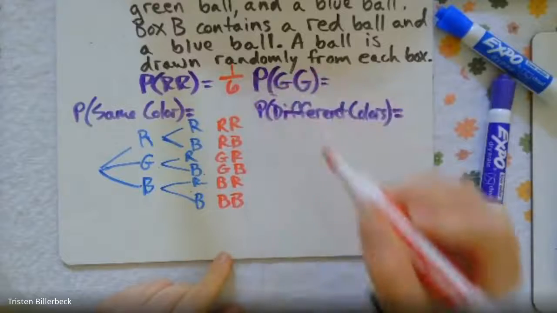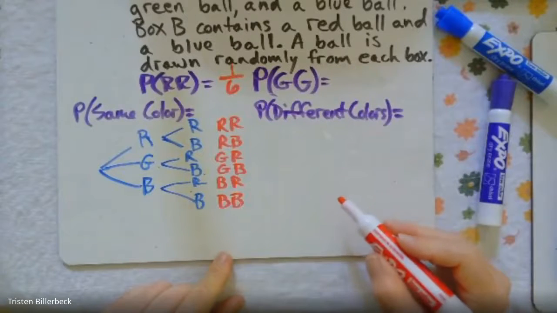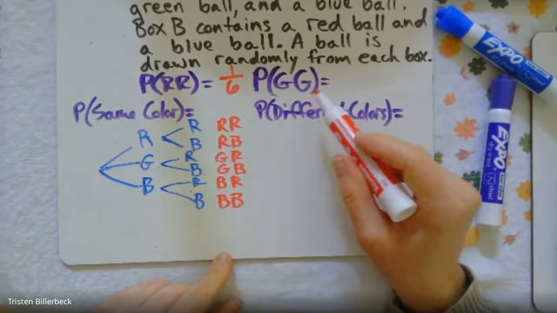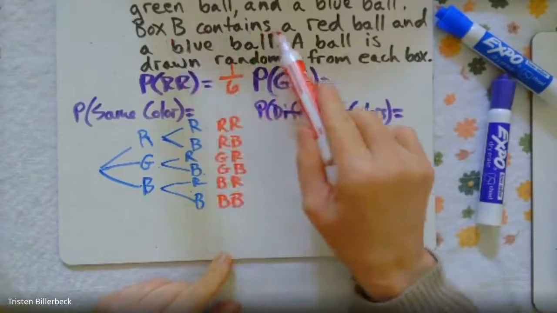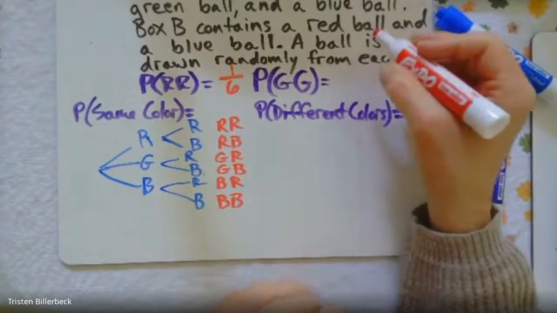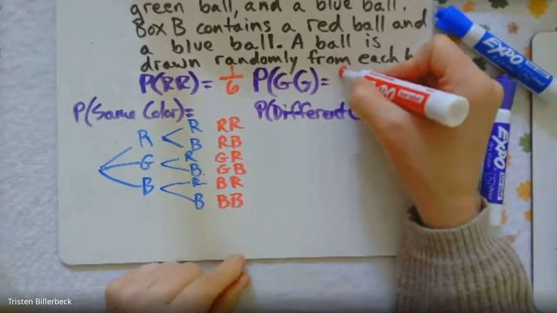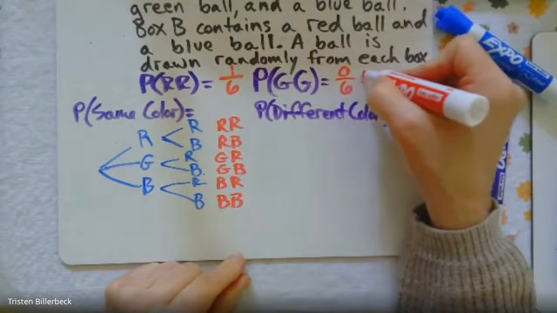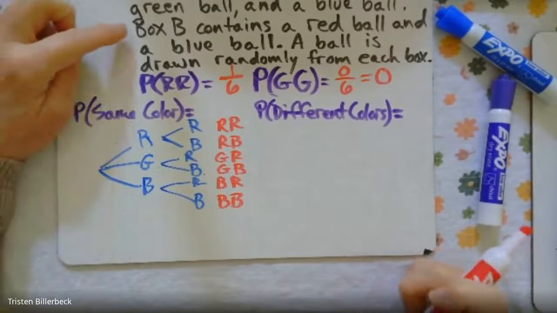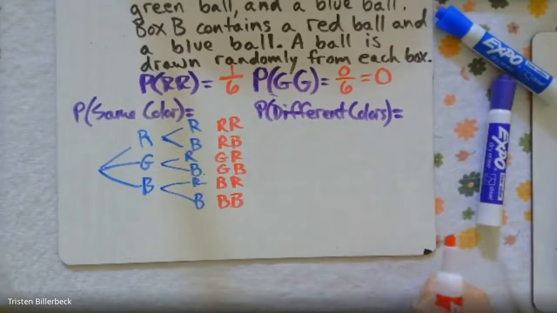So that'd be 1/6 of the time. The probability of GG happening, green, green. Well, the second box contains a red ball and a blue ball. So the probability of GG happening is 0 out of 6. Okay, because it's not one of the possibilities. You can't pick a green ball out of box B because there are no green balls.